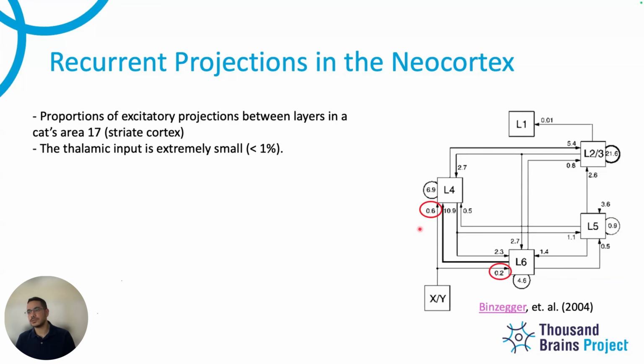Some of the things to note here is that the thalamic input is extremely small, actually, to a column. That's numerically right. That is not their impact. That's just number-wise. What that tells you is that it's not an SDR.